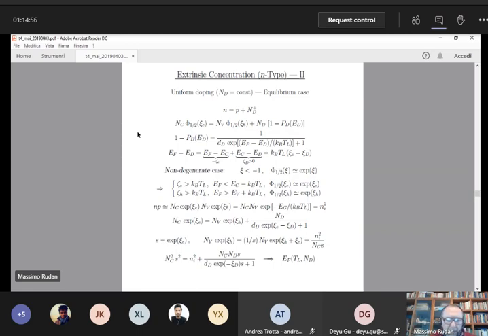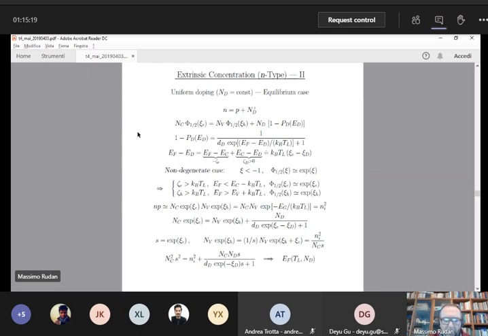We must have that simultaneously the Fermi level is below Ec by at least 1 kT and above Ev by at least 1 kT. If that happens, we may replace the Fermi integrals with exponentials.